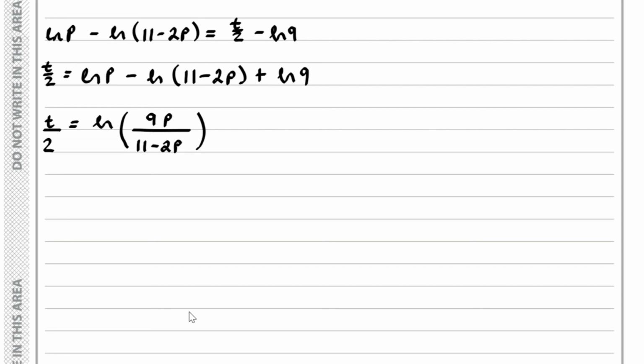And if we anti-log both sides, e to the power of t over 2 will equal 9p divided by 11 minus 2p. And if I multiply through by 11 minus 2p, I would have 11 minus 2p lots of e to the power of t over 2 equals 9p.